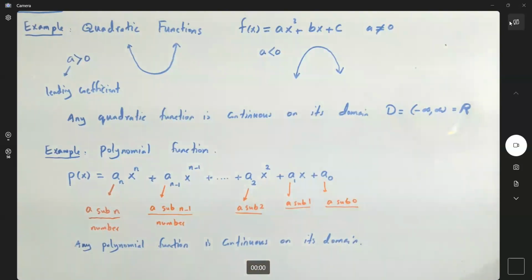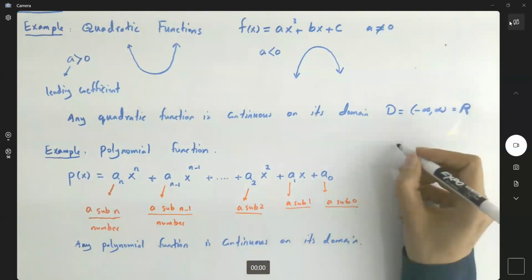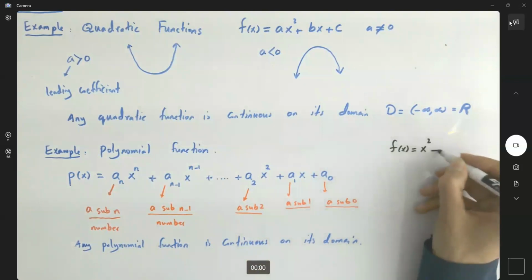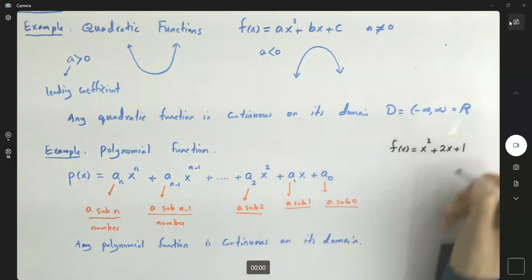Some examples of polynomial functions are as follows. f of x is equal to x² + 2x + 1.